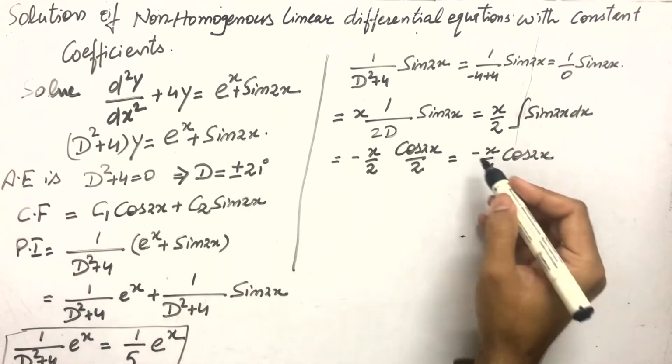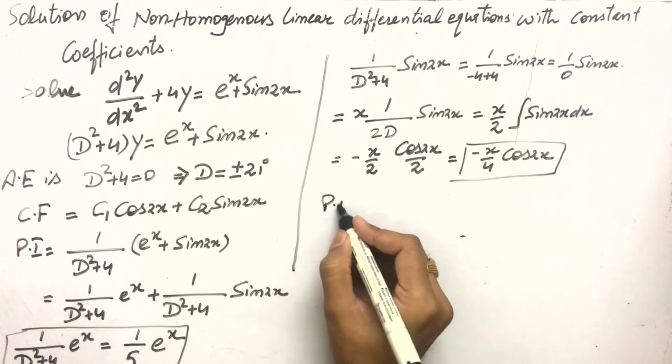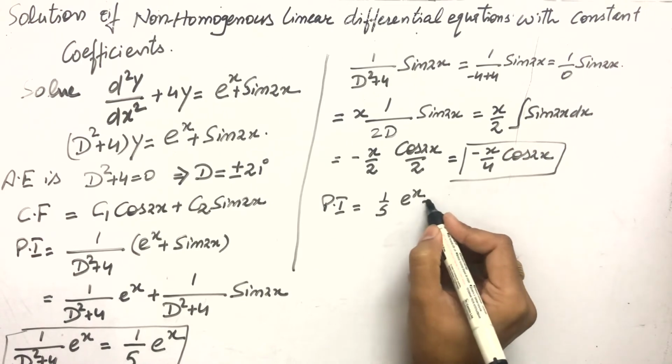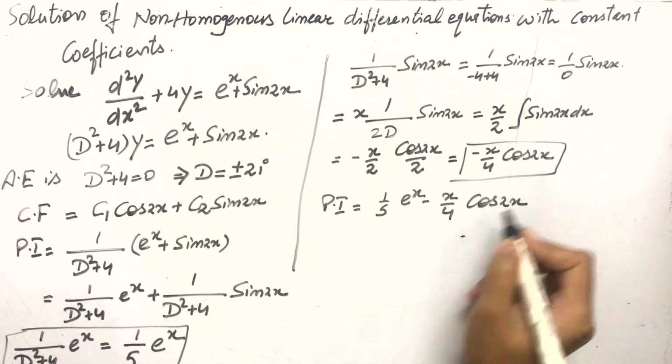So combining these two results, the particular integral is 1 by 5 e power x minus x by 4 cos 2x.